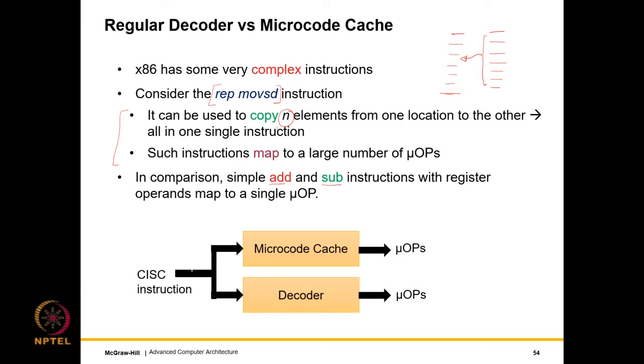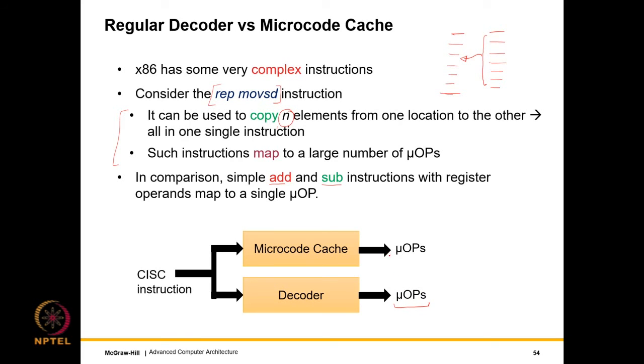To summarize our discussion, once we fetch a CISC instruction, we can divide the complex instruction set into simpler complex and more complex. If it is reasonably simple, like add, subtract, multiply, divide, etc., it is sent to the regular decoder, and the regular decoder provides a stream of micro operations.